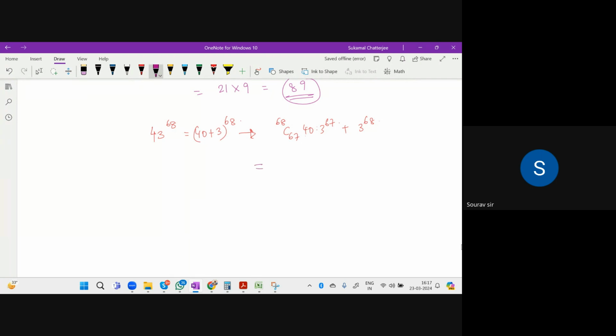So 68C67 means 68C1, which is 68 into 40 into, now take this one, 3 to the power 67, do it separately.